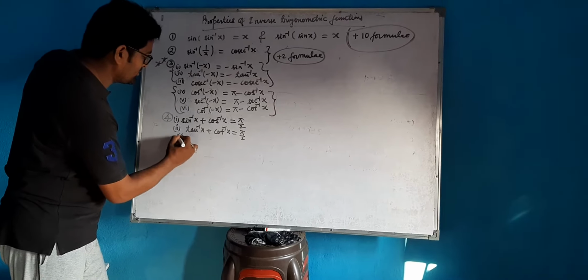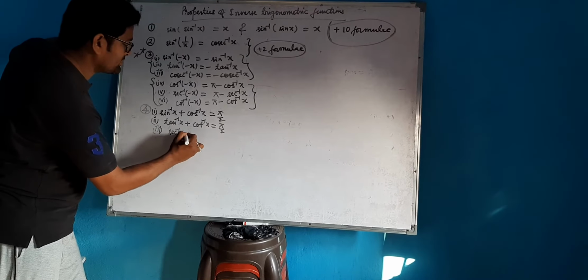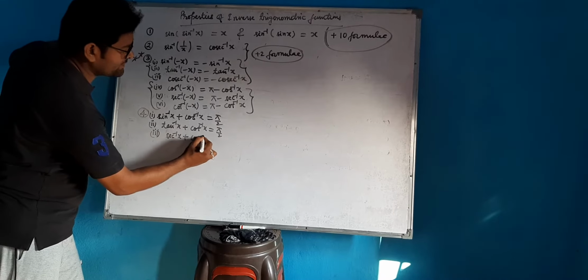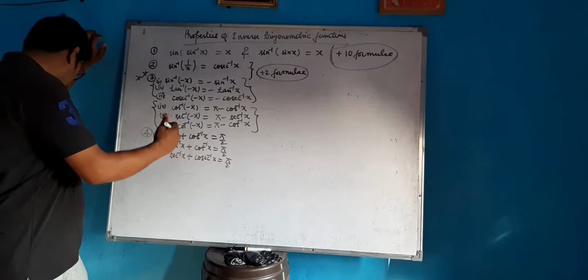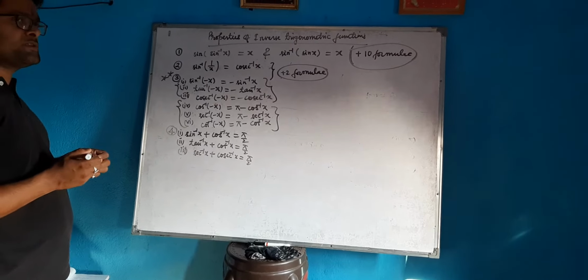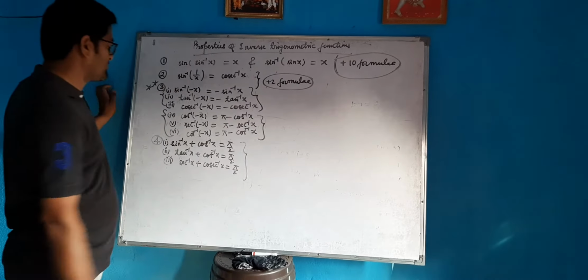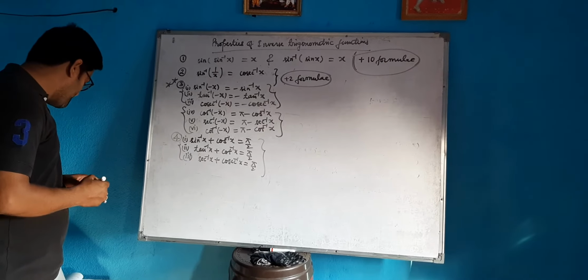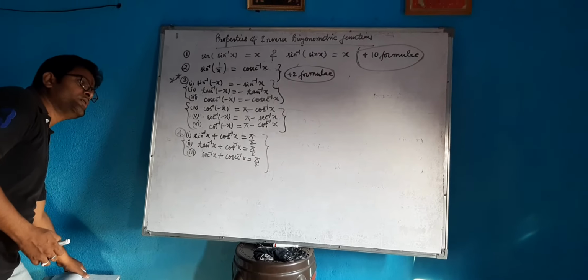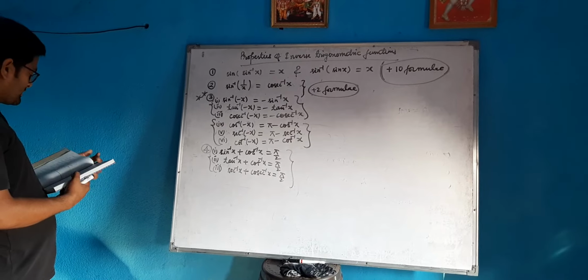Third, sec inverse x plus cosec inverse x is equal to pi by 2. They are complements to each other. You have to keep this in your mind. Then the next set of formulae are based upon compound angles. See, what are these?